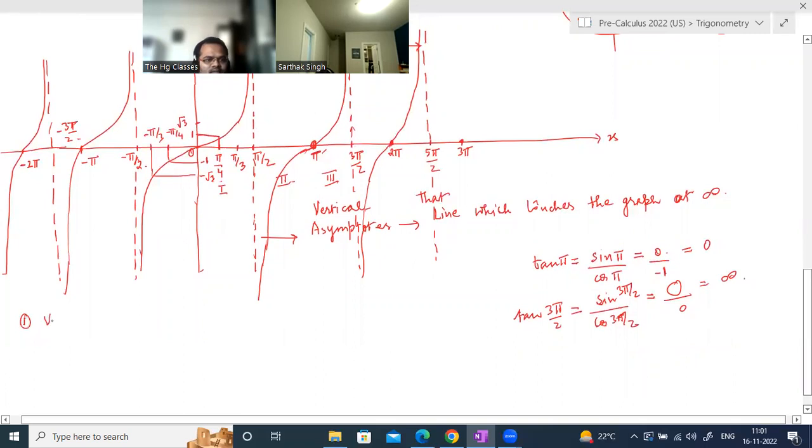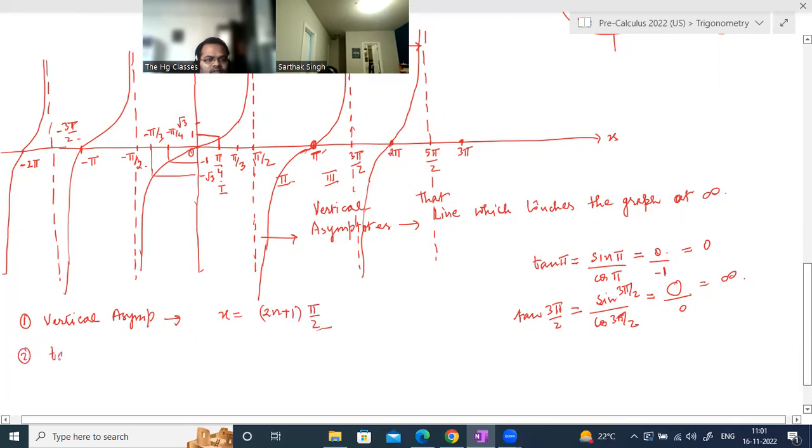So let's write that. First characteristic is its vertical asymptotes are the lines x equals (2n plus 1) pi by 2, odd multiples of pi by 2.